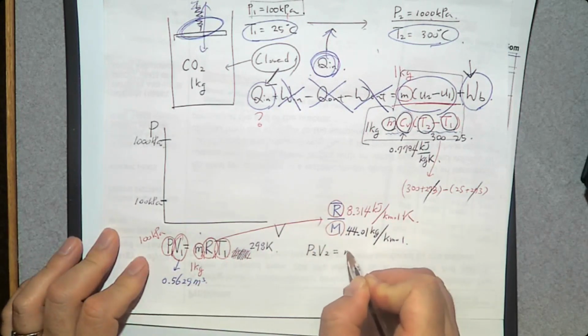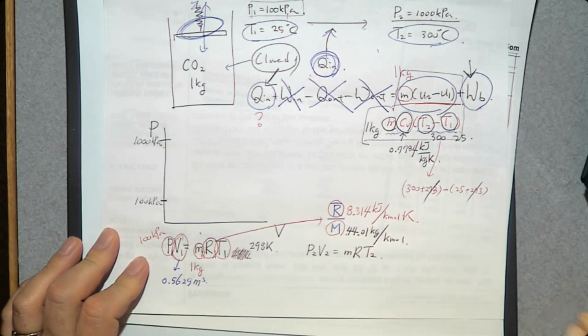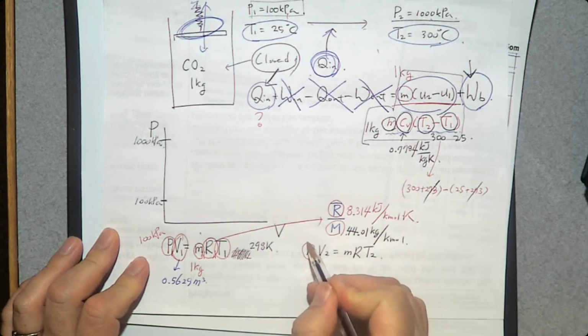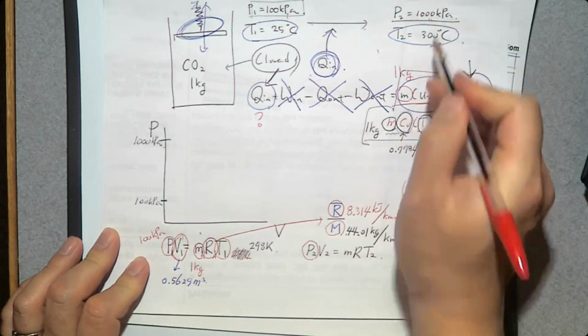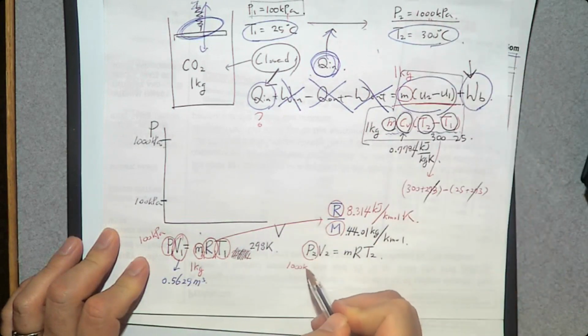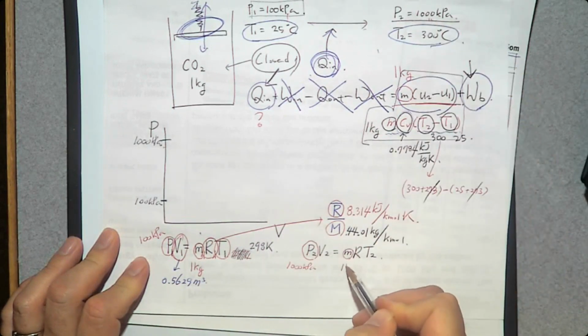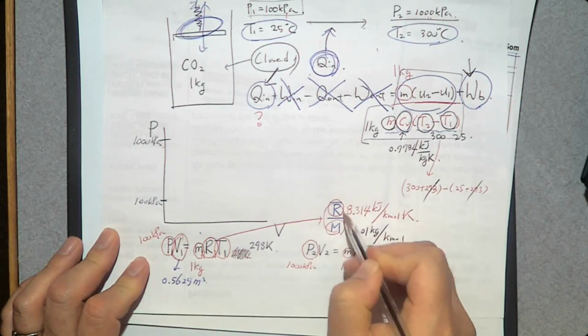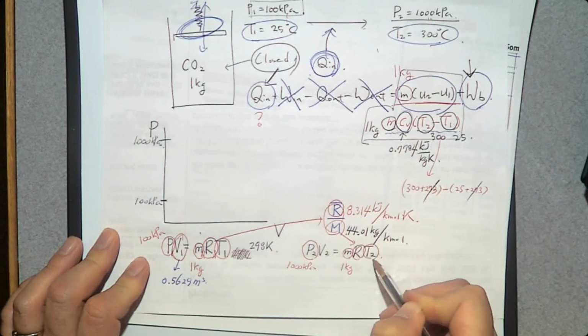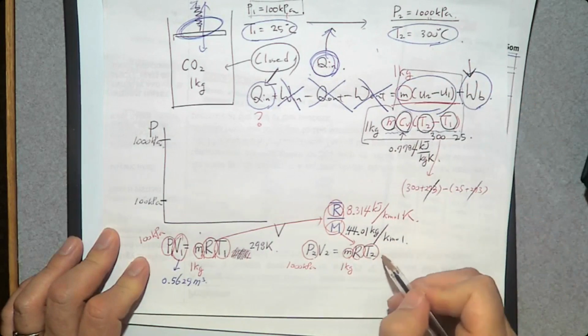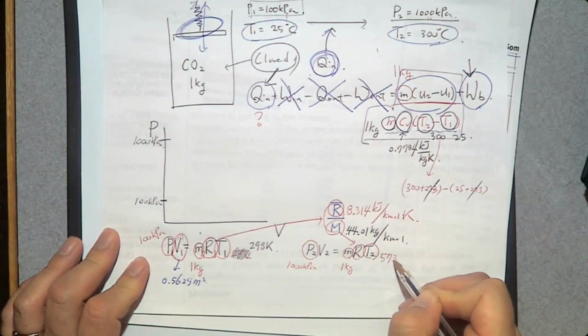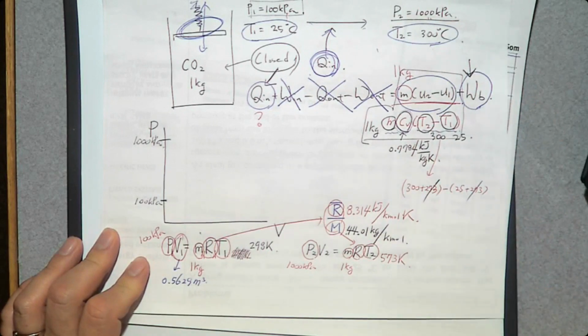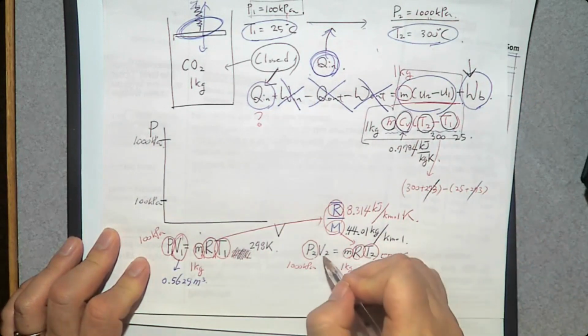We can use the same equation for the final state. P2V2 is mRT2. So in this case, what is the final pressure? 1000 kilopascal. Mass 1 kilogram. There is gas constant and temperature is 300. So write 300, not anymore, 573 Kelvin. So from this, you can determine V2.